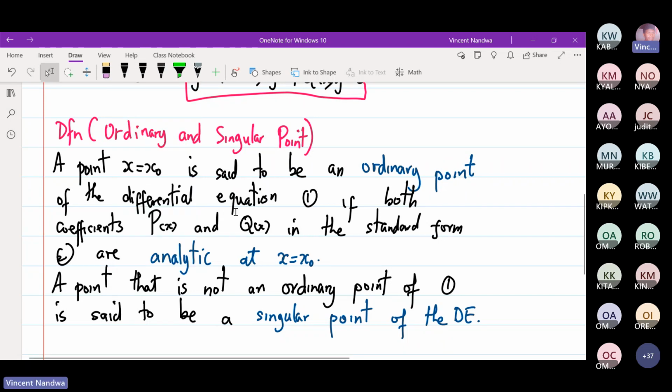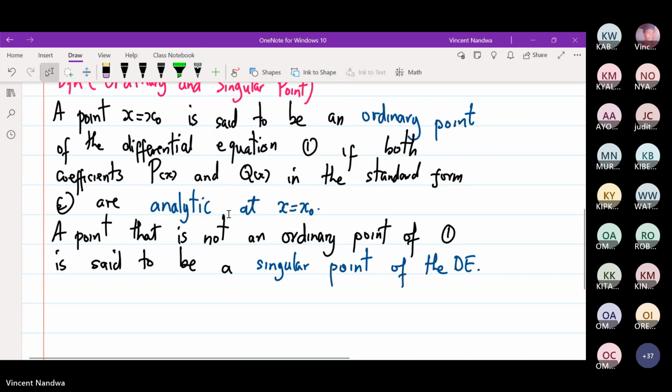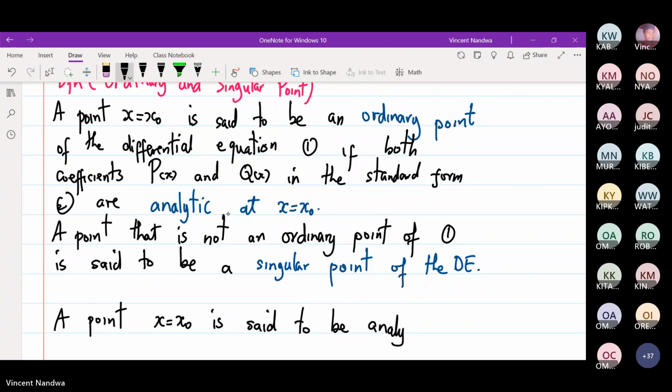So just to make things clear, let me define when a function is analytic.